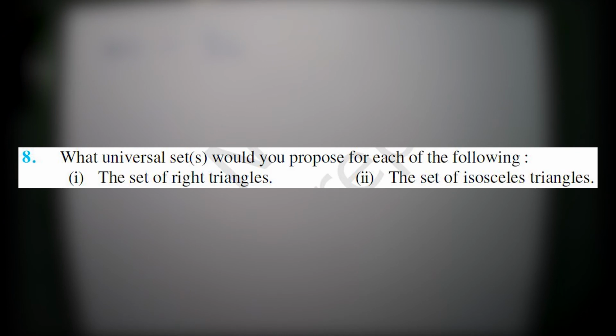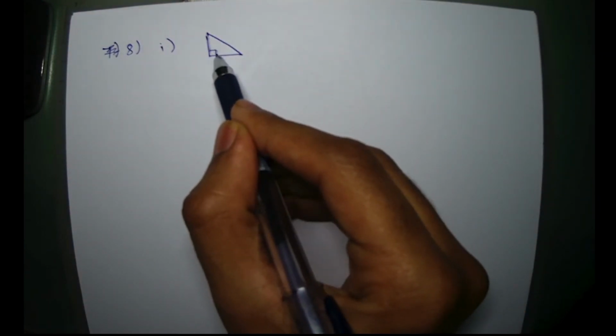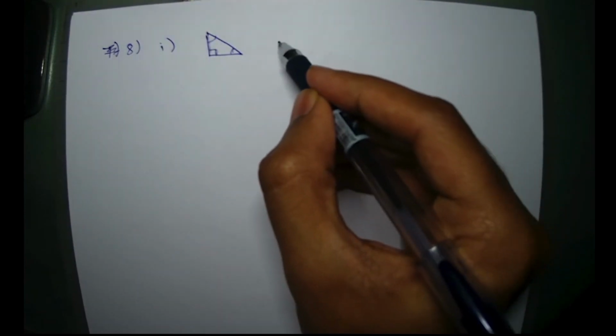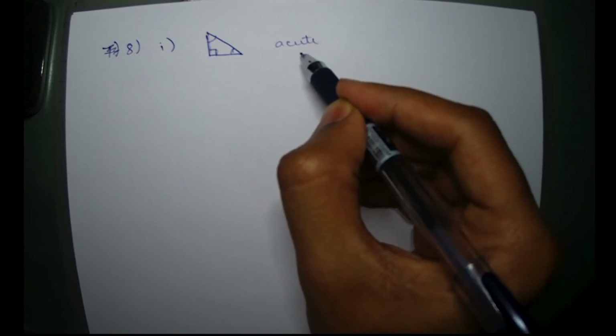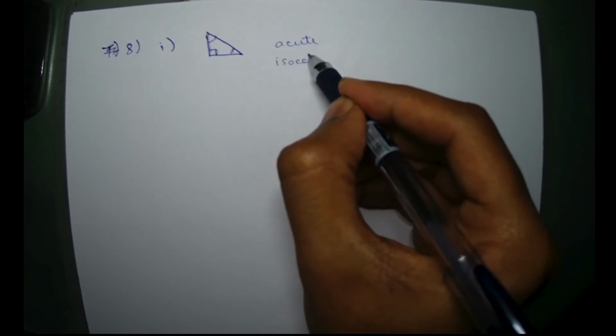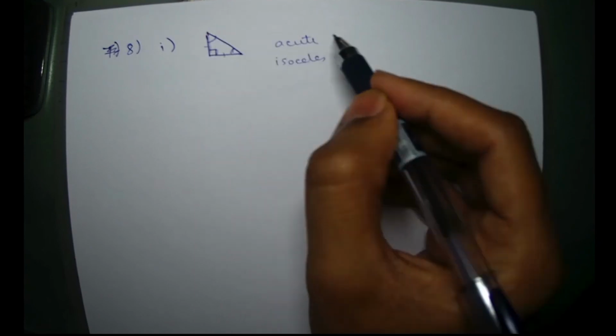Coming to the eighth question, what universal sets would you propose for each of the following? The first set is the set of all right triangles. In a right triangle, one angle is 90° and the other two angles are less than 90°, but we do not know the angles. So this cannot be an acute angle triangle or isosceles. It can be isosceles, but all right triangles are not isosceles.